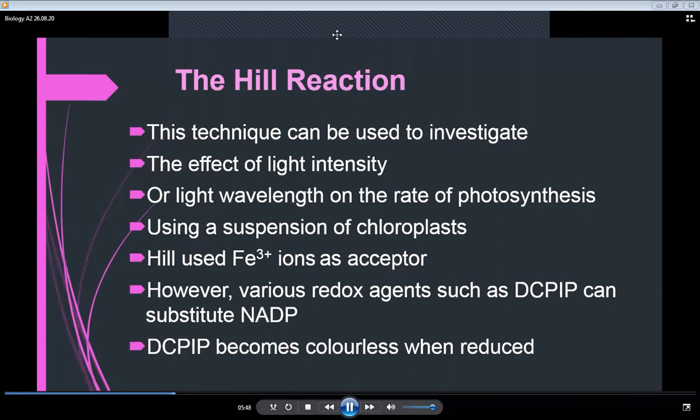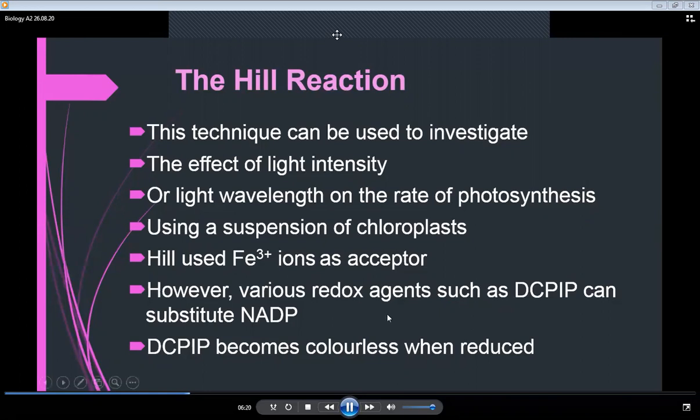When DCPIP is in the oxidized state, it is dark blue in color, but once it becomes reduced, it becomes colorless. So DCPIP can substitute NADP. NADP is there in natural conditions, but once we have isolated the chloroplasts, we have to use some other agent which can be observed, right?